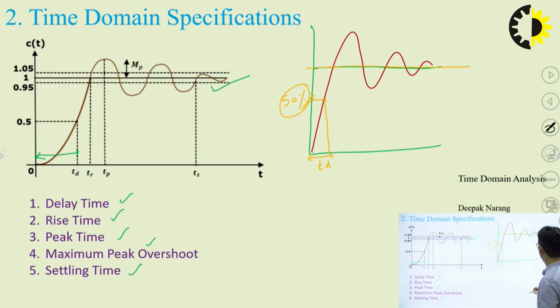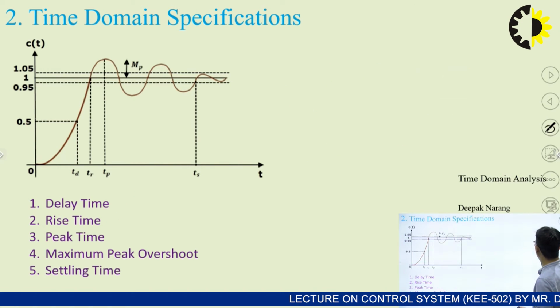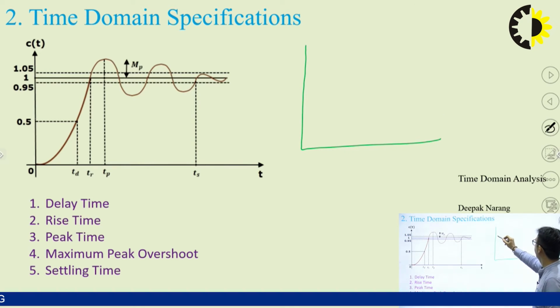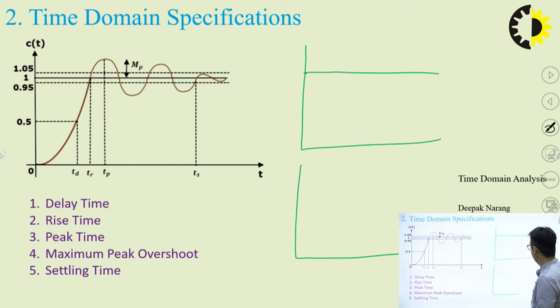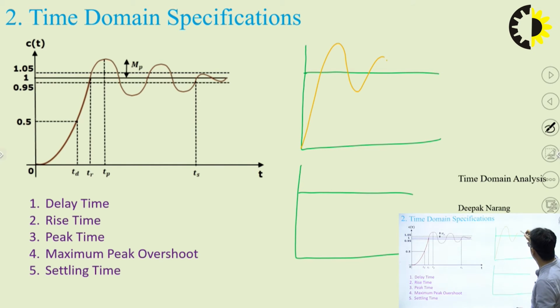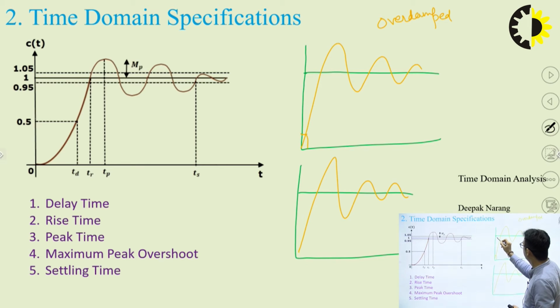And what is rise time? Rise time is taken in two respects. If the system is overdamped, then the rise time will be the time taken by the response to reach from 10 to 90% of its final value.